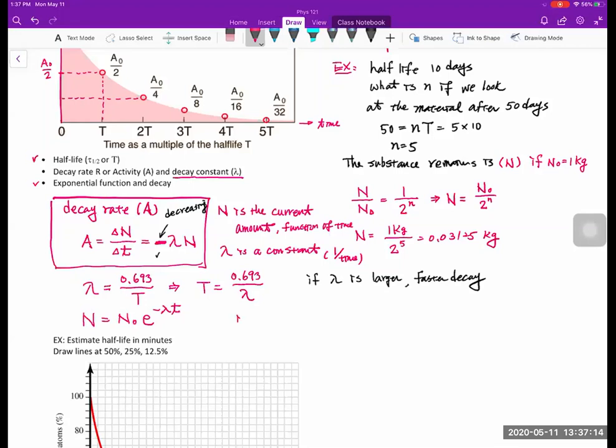So this N here is the amount left. In the book, they use different symbols, I'm sorry about that. They use R. Okay, if you see R and R0, it is the same as the N and N0 that I'm using. N0 is going to be the original amount.